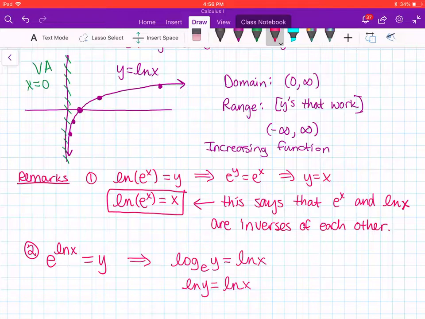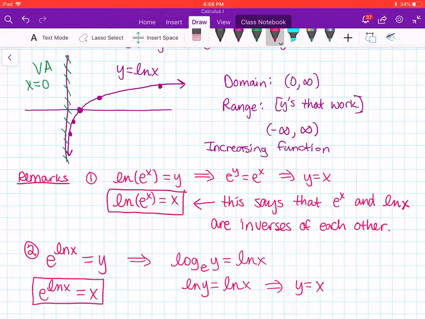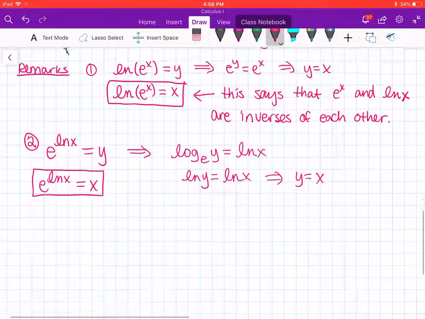And so since the natural log is a one-to-one function, we get y equals x. So, in summary, we have e to the natural log x equals x, and so this also says that they're inverses of each other.